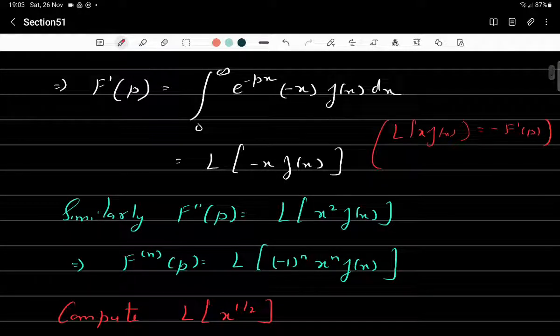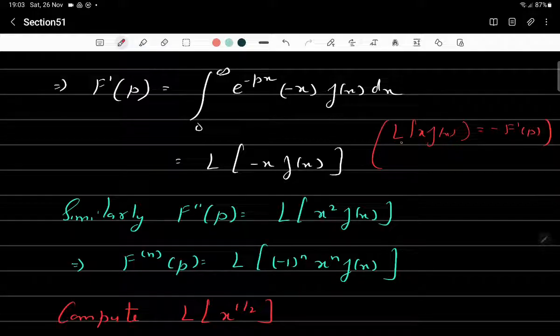Now let us assume we need to compute the Laplace of under root x. I can do it by definition, but that requires a lot of time. Instead, what I can recall is that I already know the Laplace of 1 by root x. Now think about how you can use the Laplace of 1 by root x to compute the Laplace of root x.